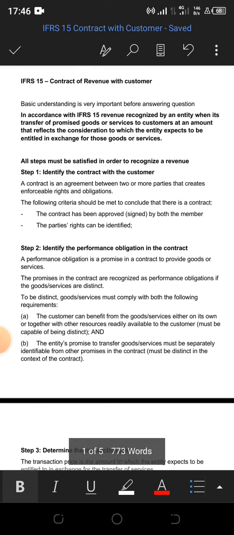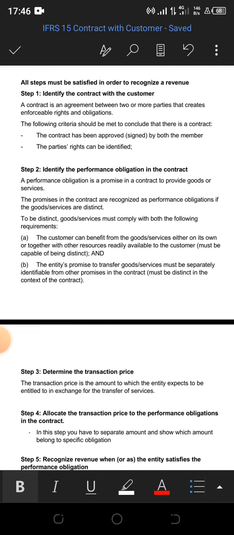Step number two is to identify the performance obligation in the contract. A performance obligation is a promise in a contract to provide goods or service. The company must promise to provide goods or service. The promises in the contract are recognized as performance obligations if the goods or service are distinct.